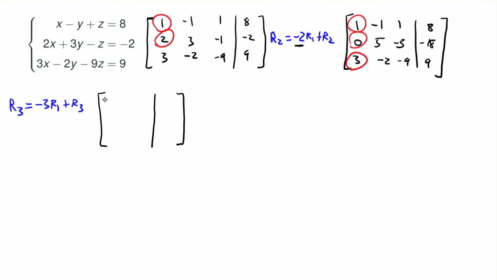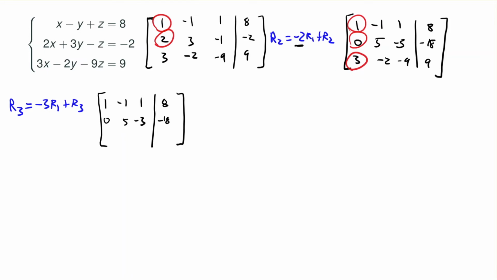So we get, well, row 1 doesn't change, so copy it. Row 2 also doesn't change. So row 3, -3 to row 1. -3 times 1 is -3.